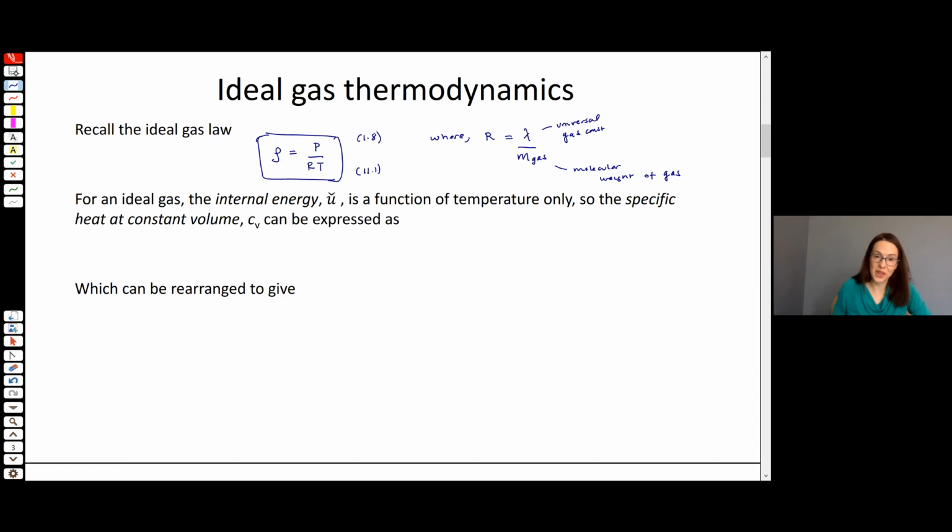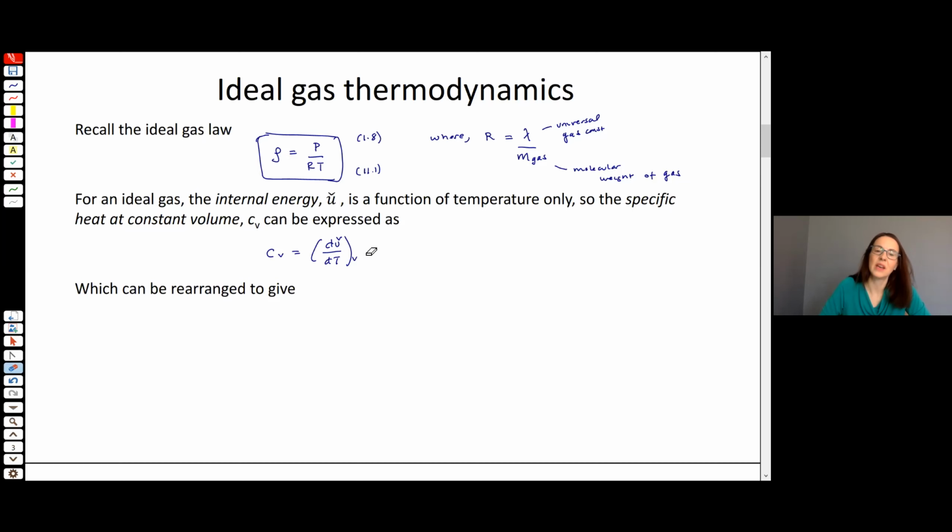Okay, the internal energy, U hat, is a function of temperature only for an ideal gas. So we can express CV, the specific heat of our gas at constant volume, in the following way. And what does this little subscript V at constant volume mean?